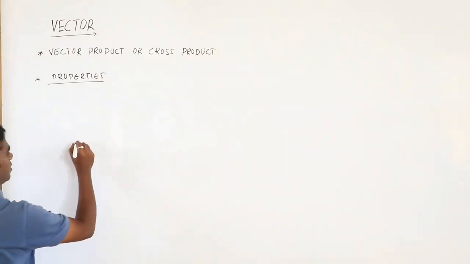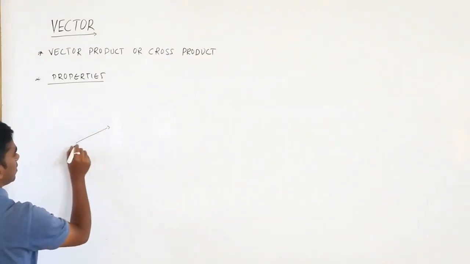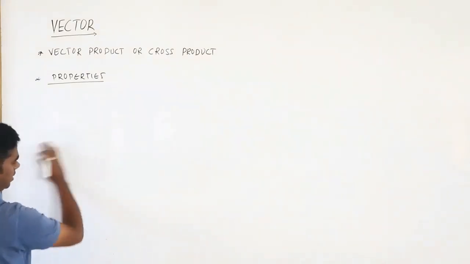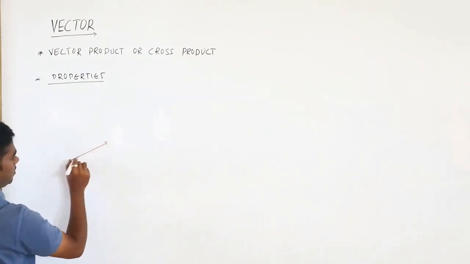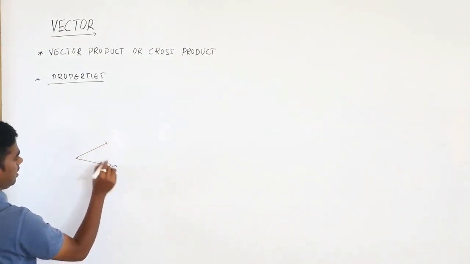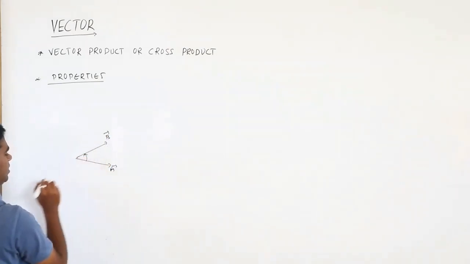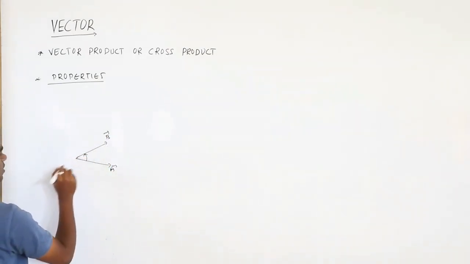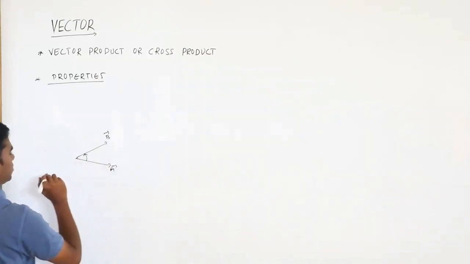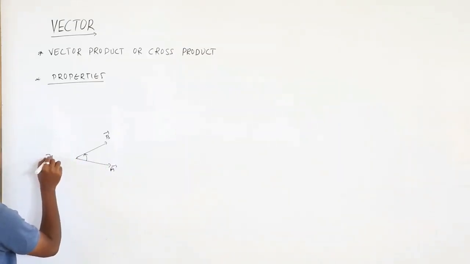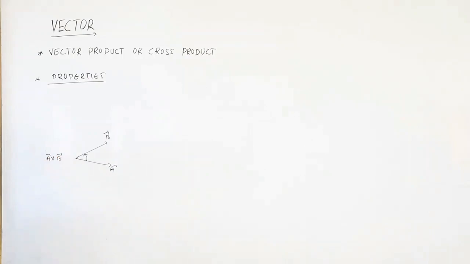Suppose you are having 2 vectors, say here is one vector, here is a vector, vector A, vector B. If you want A cross B, so where will be the resultant?